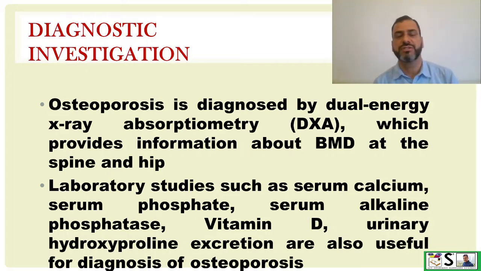For this, dual energy X-ray absorptiometry DXA, which provide information about bone mass density, is also helpful for diagnostic investigation and blood investigations such as serum calcium, serum phosphate, serum alkaline phosphate, vitamin D, urinary hydroxyproline excretion test are also helpful to diagnose osteoporosis.